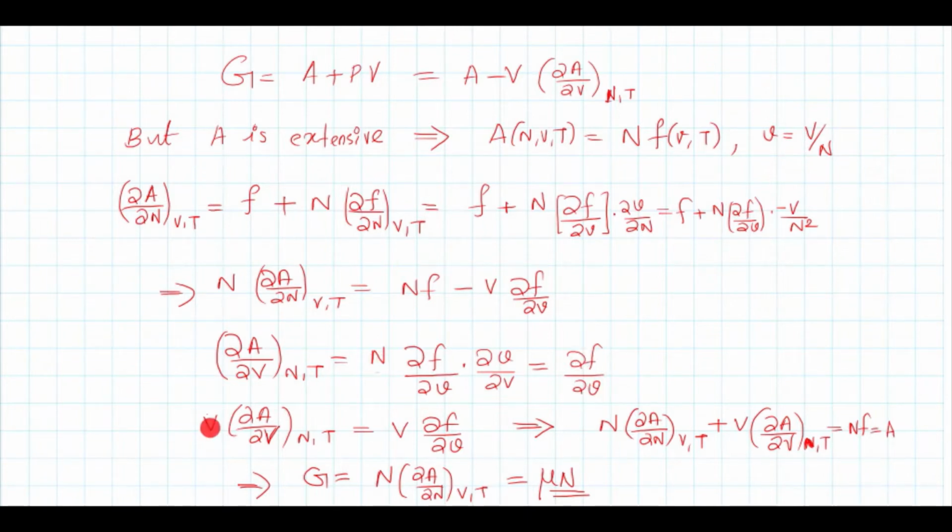Now multiply this with V. V into ∂A/∂V at constant n and T will give you V into ∂f/∂v. Now add these two expressions.